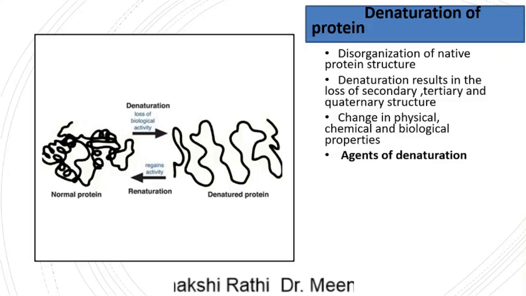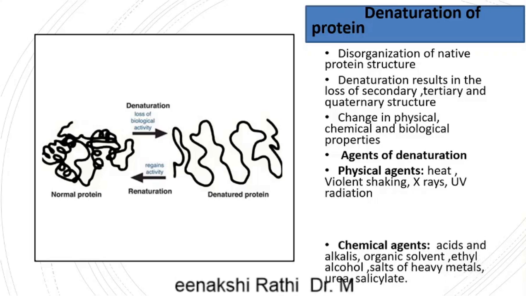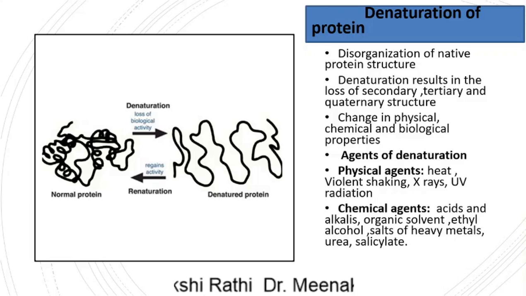Generally, there are 2 types of agents which result in the denaturation of protein. One is physical agent. Under this, heat, violent shaking, X-rays, UV radiation come under physical agents, while some chemicals like acids, alkali, organic solvent, ethyl alcohol, salts of heavy metals, urea, salicylate, these are the chemical agents which denature the protein.